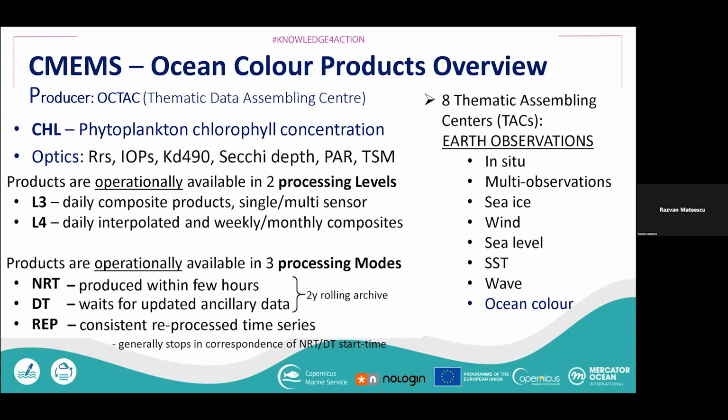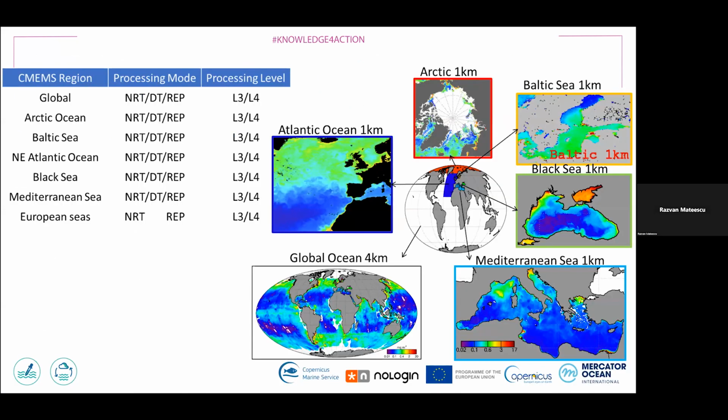As you know, there are 8 thematic centers for Earth observation, and for ocean color it is OCTAC, providing chlorophyll and optics, and also providing operationally 2 levels of processing. So we talk about daily composite and interpolated products, with the resolution mentioned.